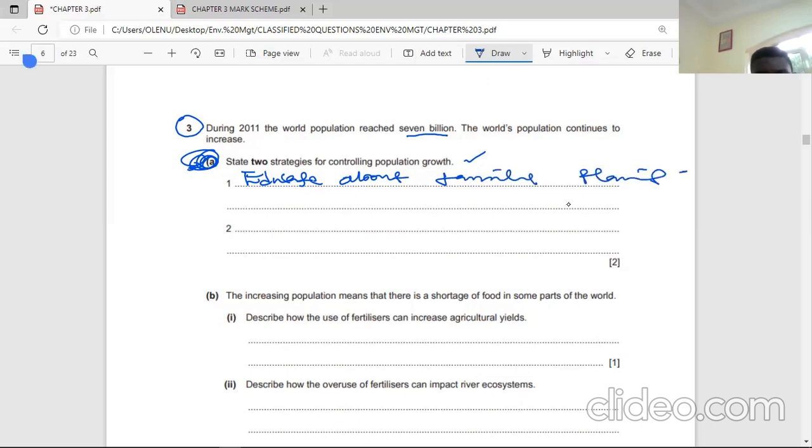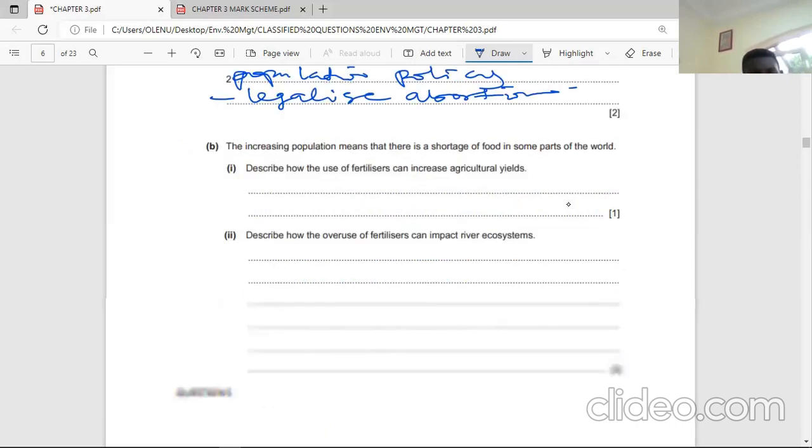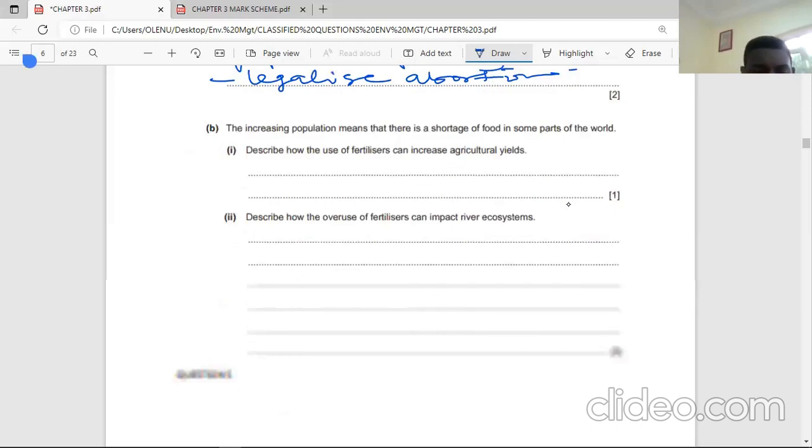So you can also look at population policy. Also use of contraceptives and condoms. You can also bring in things like legalizing abortion, whichever.